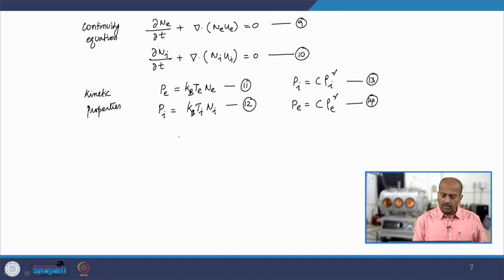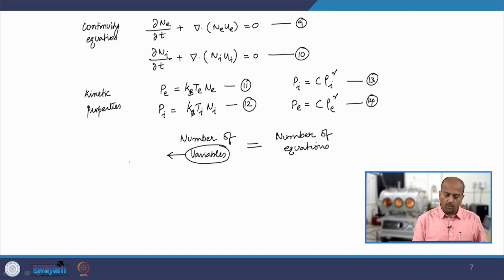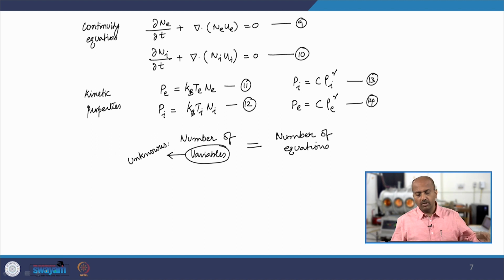Ideally, a condition must always be satisfied when solving equations: the number of variables, or as we are more familiar to call them, unknowns, should always be equal to the number of equations. Now, let us count how many equations and how many variables we have.